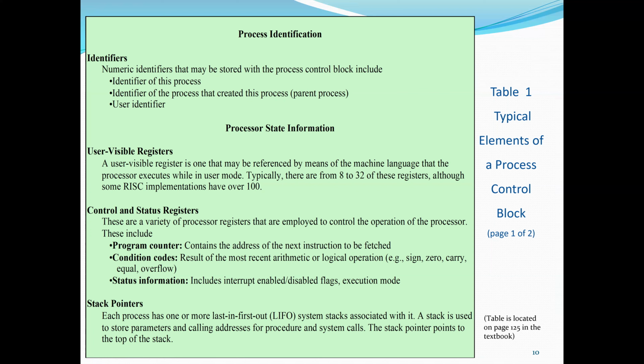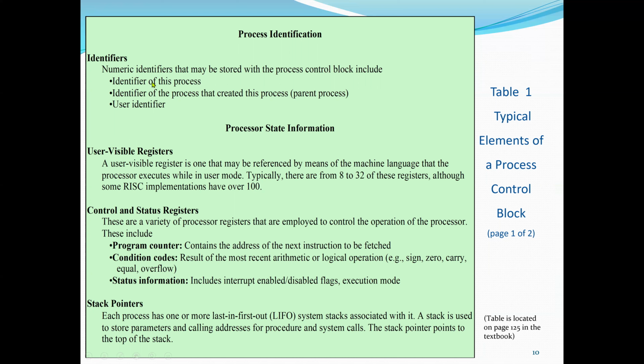Now, different systems will organize this information in different ways, and several examples appear at the end of these lectures. So for now, let us simply explore the type of information that might be of use to an operating system without considering in any detail how that information is organized.